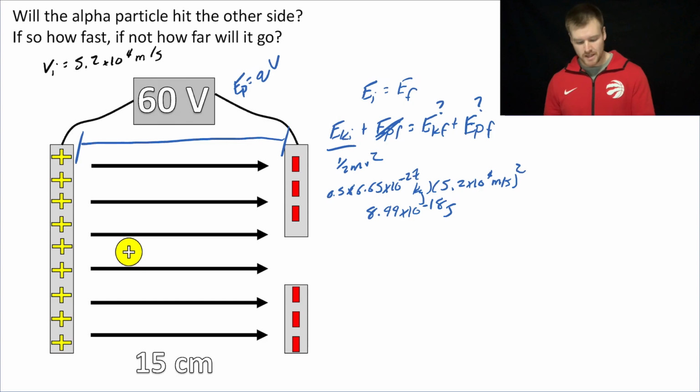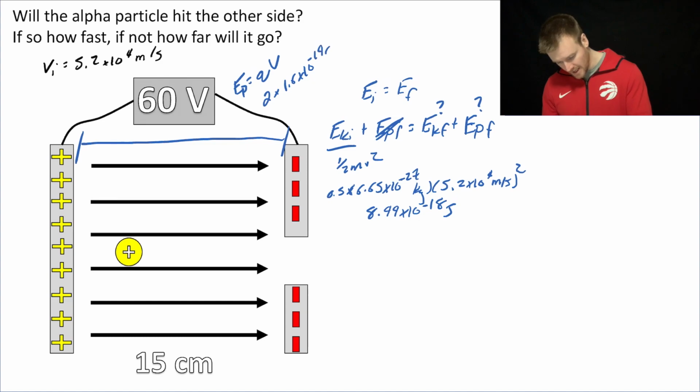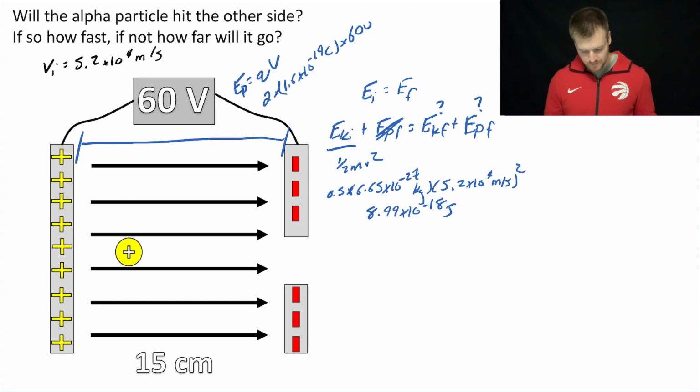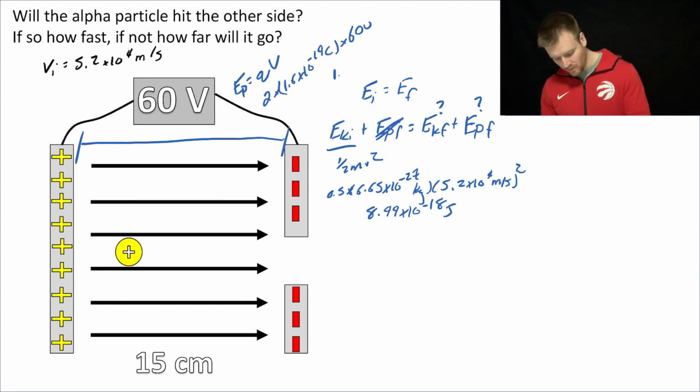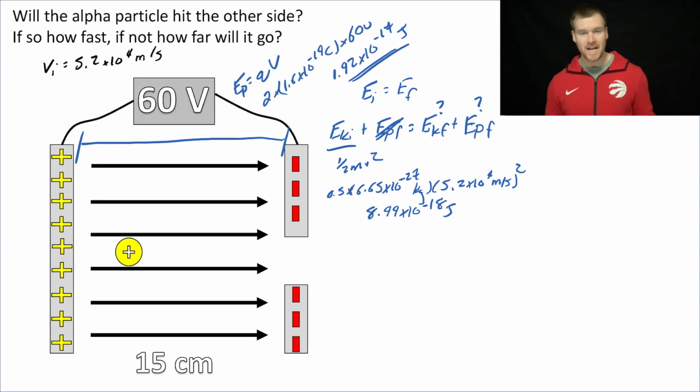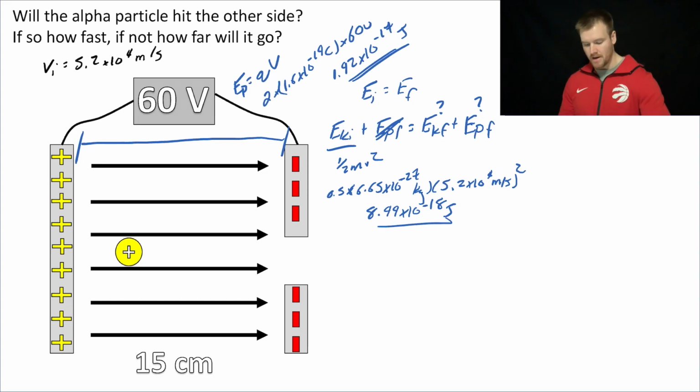So that's going to be 2 times the elementary charge, 2 times 1.6 times 10 to the negative 19 coulombs, then multiplied by the voltage of 60 volts. And that gives us a much bigger number of 1.92 times 10 to the negative 17 joules. Okay, so that's a lot bigger than the amount of kinetic energy we have at the start. So we won't have enough energy to get all the way until the end. So I'm going to cross that out.